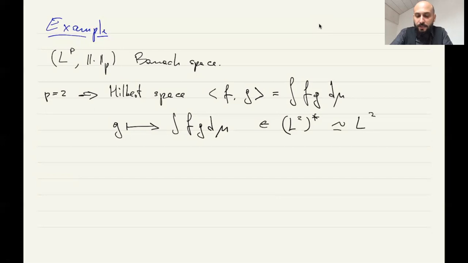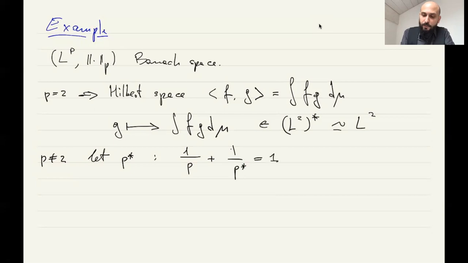And therefore we have that L2 is isomorphic to L2 star. In case we have an arbitrary p, then what's possible is to consider another element called p star, with the property that 1 over p plus 1 over p star is equal to 1. So there is only one p star defined by this relation.